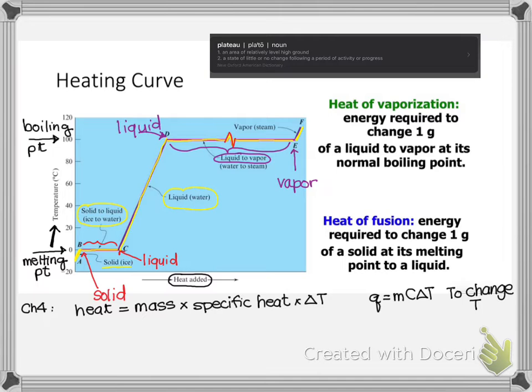Okay, so that's the first equation. Then what we're learning new in this chapter is that it takes extra energy to melt and vaporize a substance. So to melt something, there's a second heat. This is in this chapter.